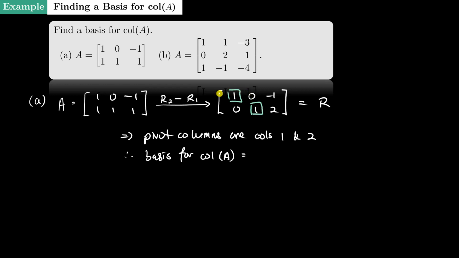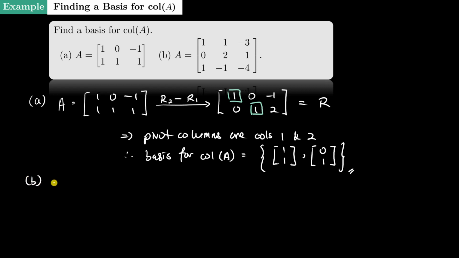Therefore, the corresponding columns of A are 1, 1 and 0, 1. And these will form a basis for the column space of A. So we have 1, 1 and 0, 1. And that's our answer for part A.